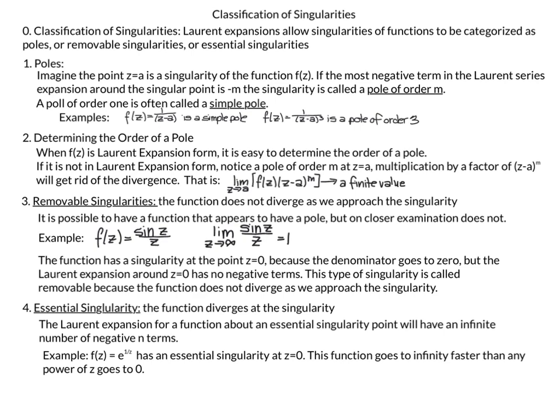The last two topics we talked about were removable versus essential singularities. A removable singularity is a function that does not diverge as we approach the singularity, and this was our example: f of z equals sine of z over z.